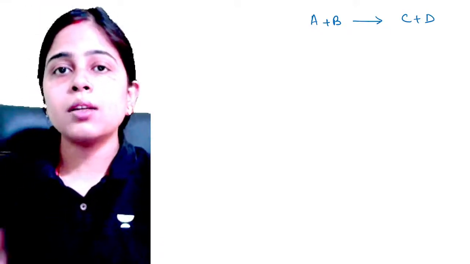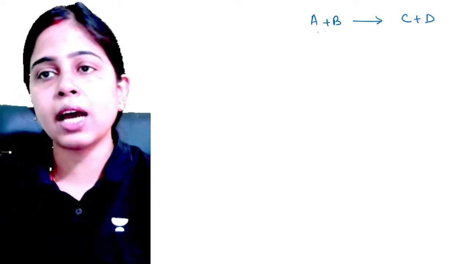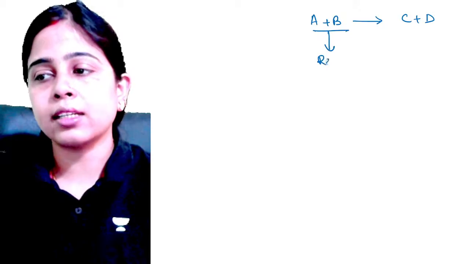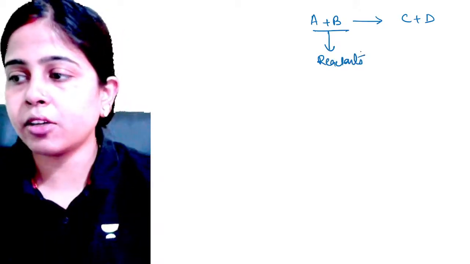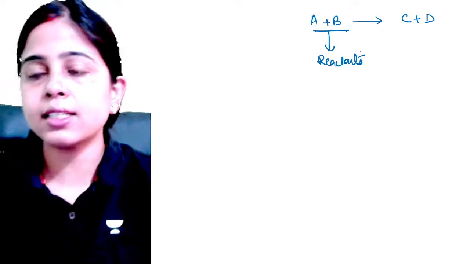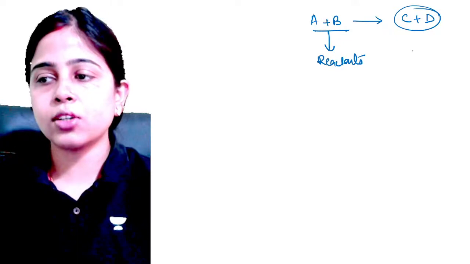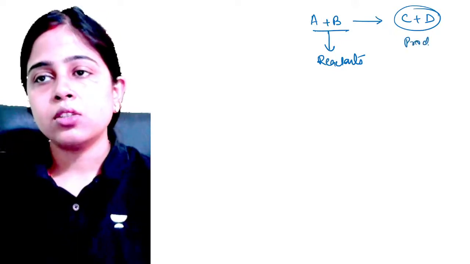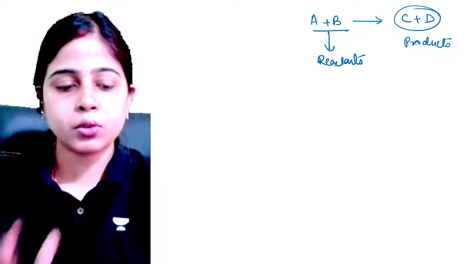Okay. The compound written on the left hand side of the arrow is your reactants, and the compound written on the right hand side of the arrow, that is your product. So always remember, reactants react together to produce the products.